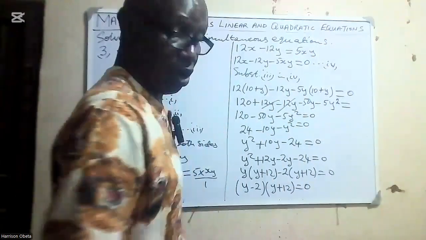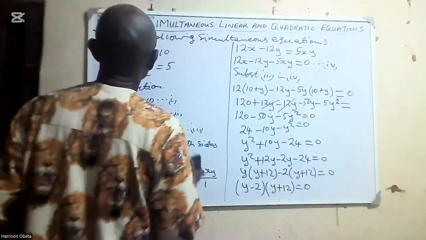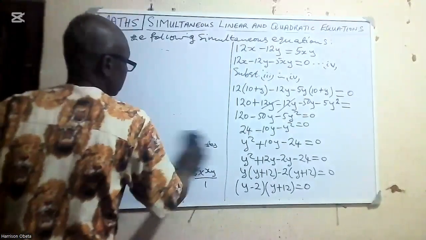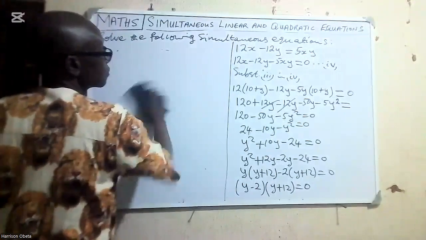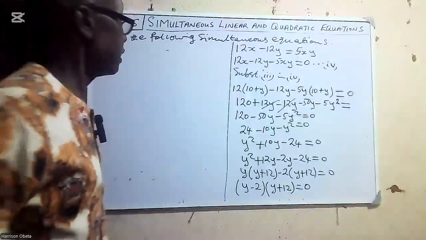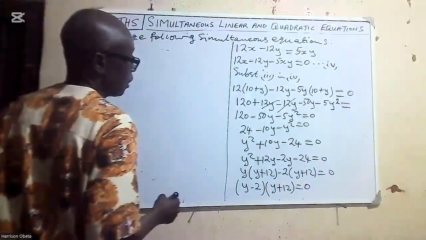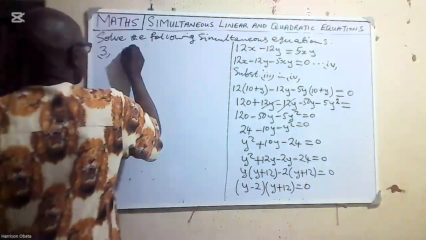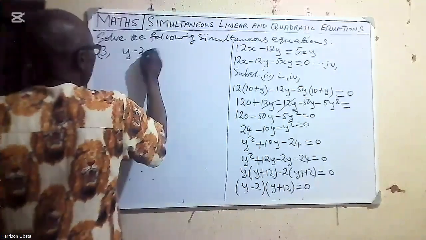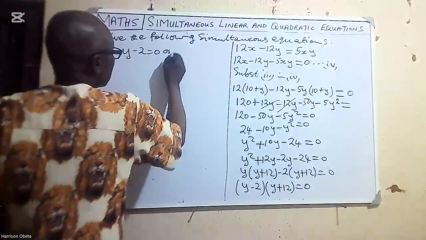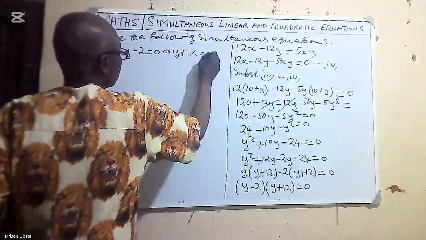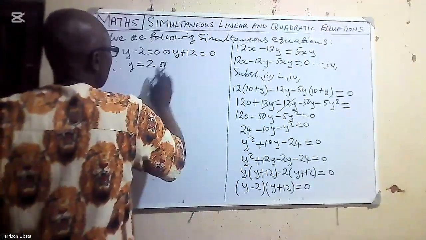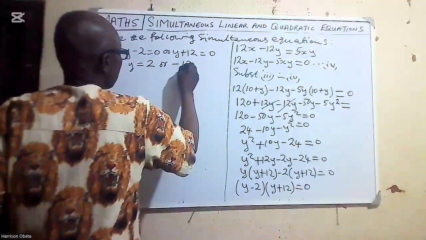So moving on, now come back to this side. From here we have y minus 2 equal to 0 or y plus 12 equal to 0. That means that y is either 2 or minus 12.